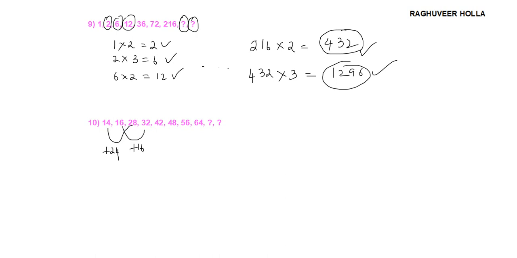So I need to look at this. This is 14, so 14 is 28. Now 56 plus 14 results in 70, right? And 64, another sequence, that is plus 16, I get 80. So these two are the sets, right?